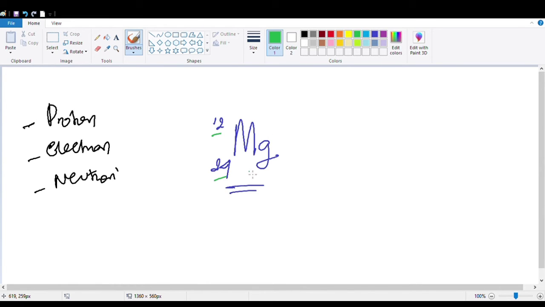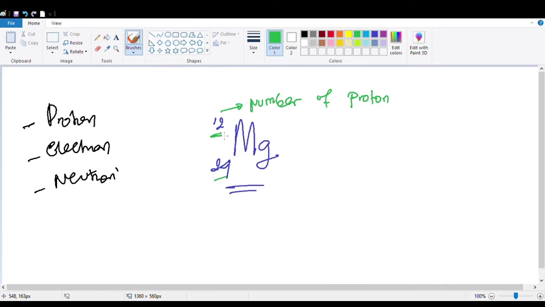Mg is the symbol of magnesium. 12 represents the number of protons that magnesium has. So magnesium has 12 protons, and this 12 also represents the position of the element on the periodic table. The 12th element on the periodic table is magnesium.